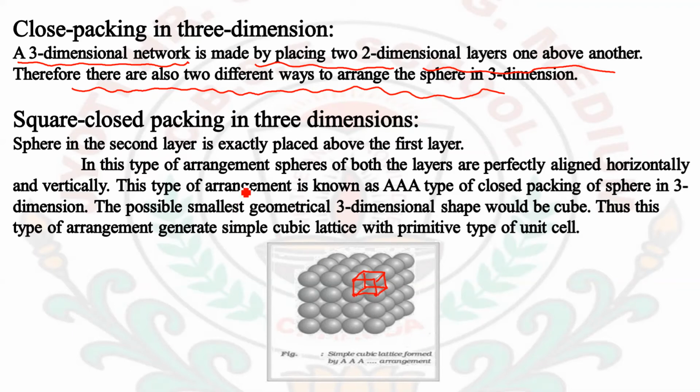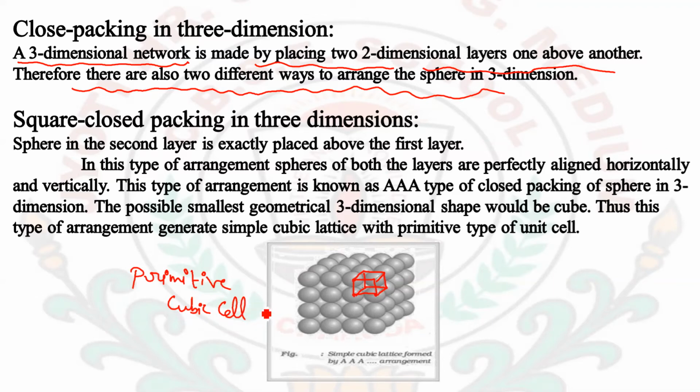Here the smallest geometrical shape I am forming is the cube. This type of arrangement is forming a primitive cubic cell, a primitive cubic unit cell.